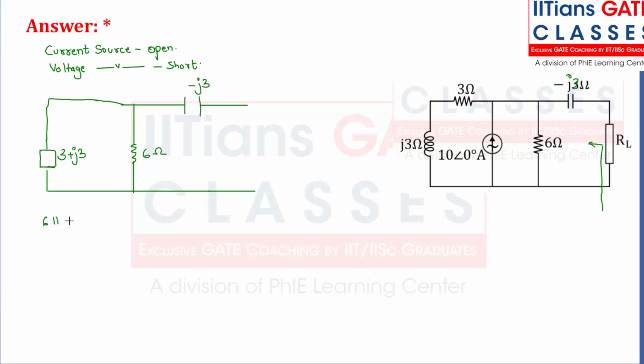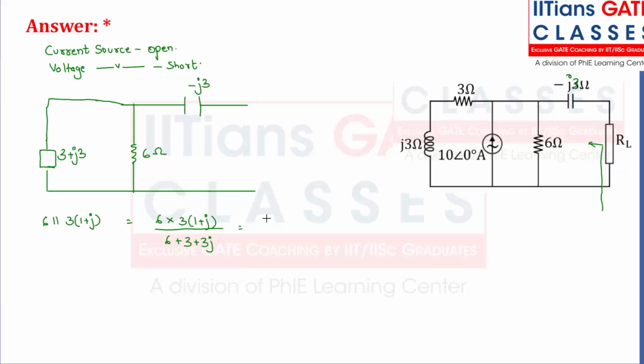So 6 parallel with 3 plus J3 is 6 into 3 into (1 plus J) divided by 6 plus 3 plus 3J.